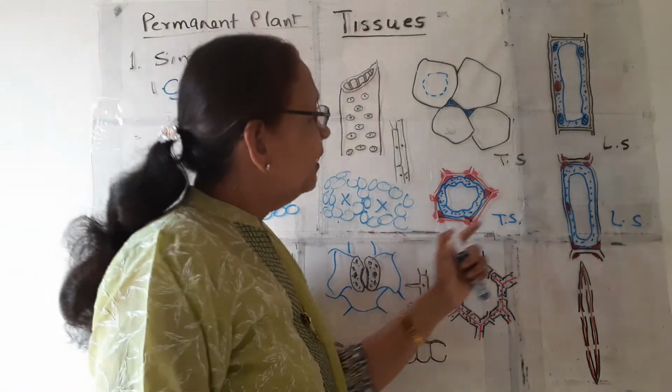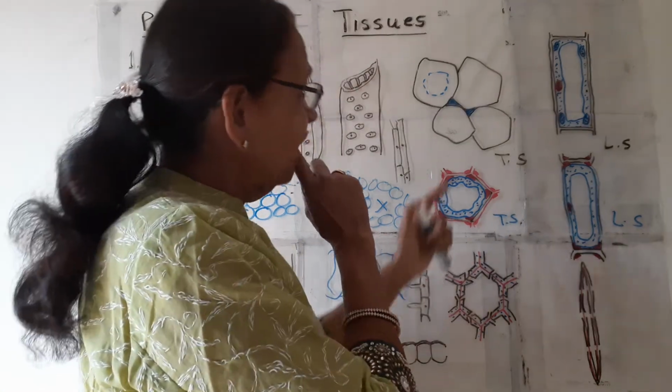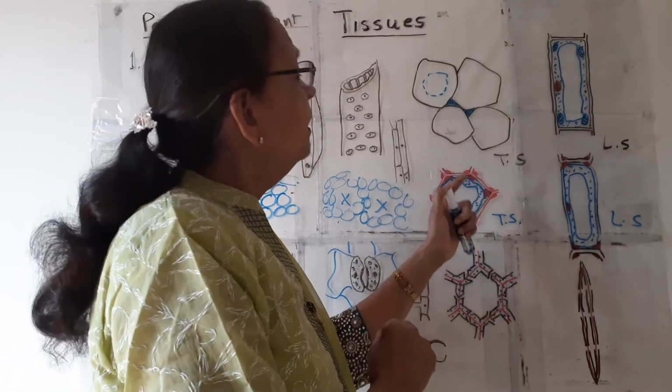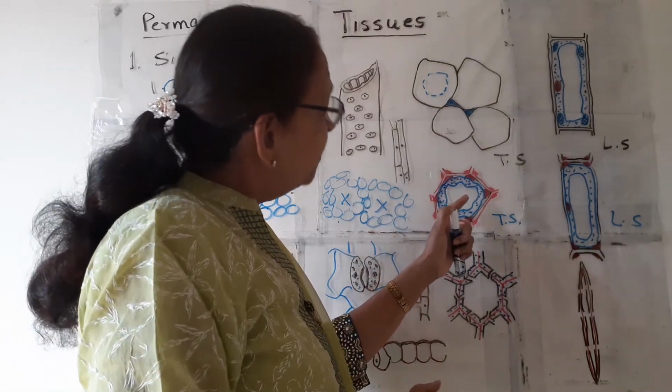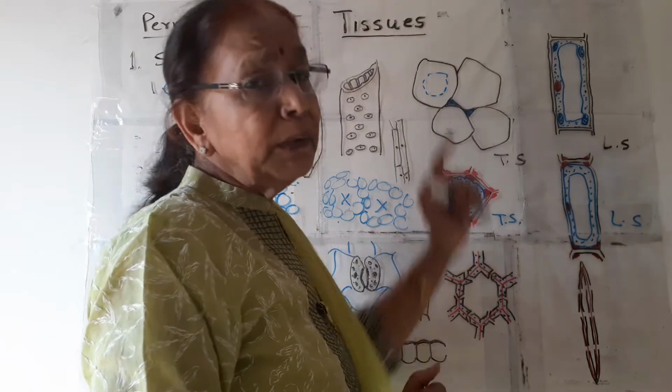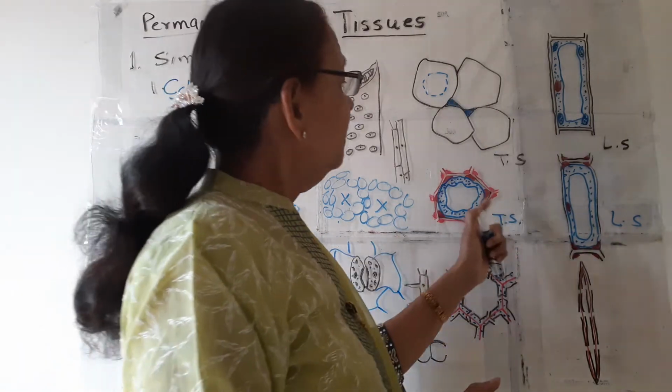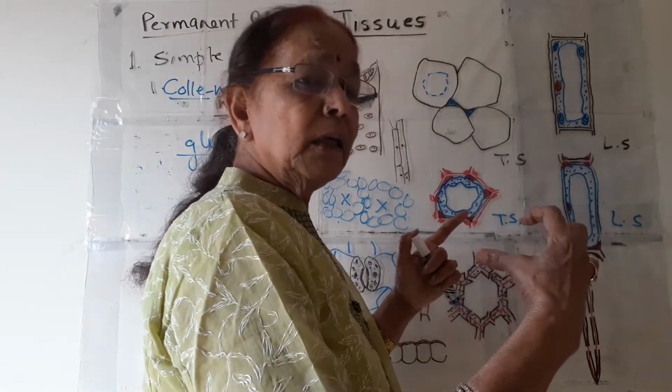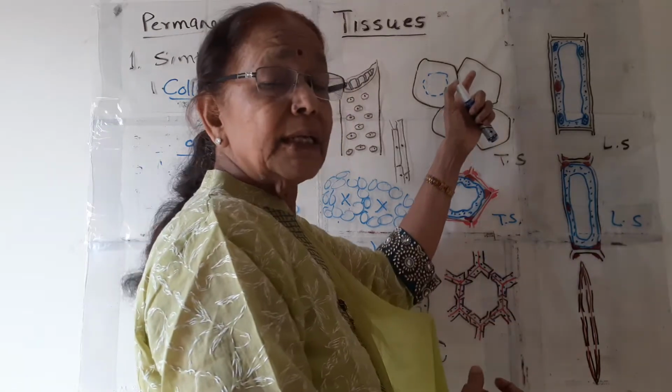What is the specialty of these cells? They are different from this, and they are derived from the simple parenchyma. Here the cells are elongated, while these are oval.